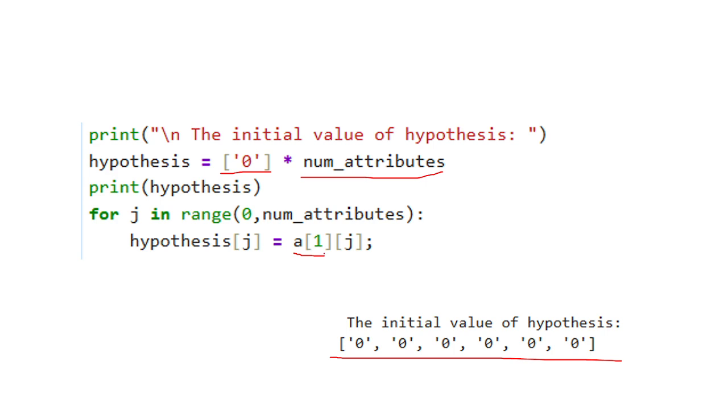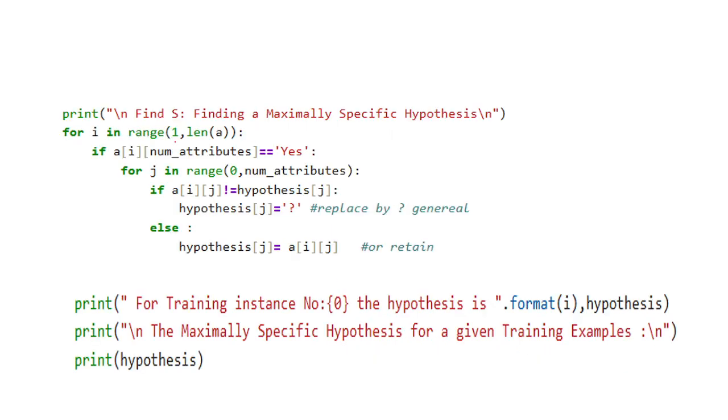The zeroth row is the attribute names, like sky, humidity and all that, which is not required because it is meaningless. Only the values you have to process. Get the second row, and that is our hypothesis. As we started with 0, no need to compare, so that first row becomes the hypothesis. Then from the second row till the last, you can make this 2 also, no problem. If the concept is yes, the last attribute, the seventh attribute, index value 6, if it is yes only, proceed.